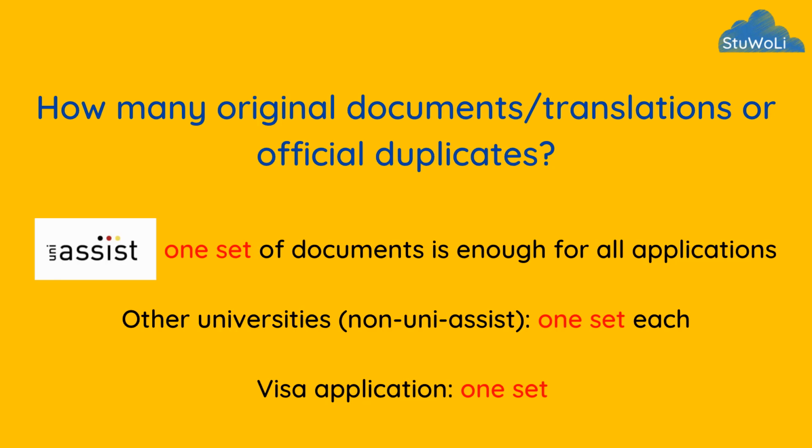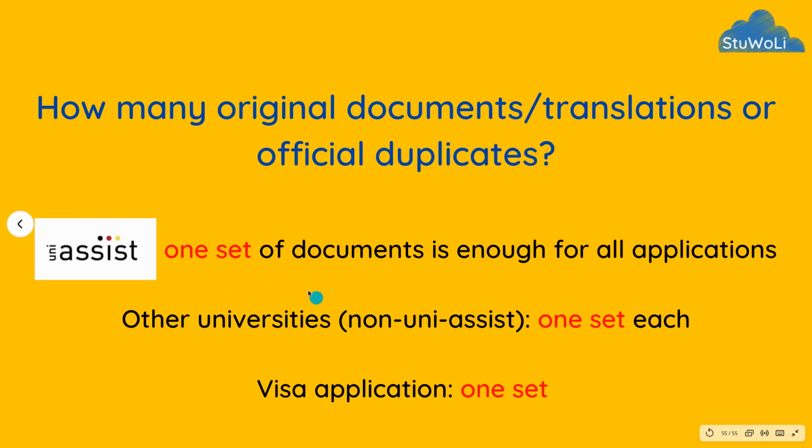So you don't need to send your transcript 5 times. No, actually 1 is enough. That's probably the only thing which is super nice about applying through UniAssist. The rest is actually a hassle. But this is something which is nice.